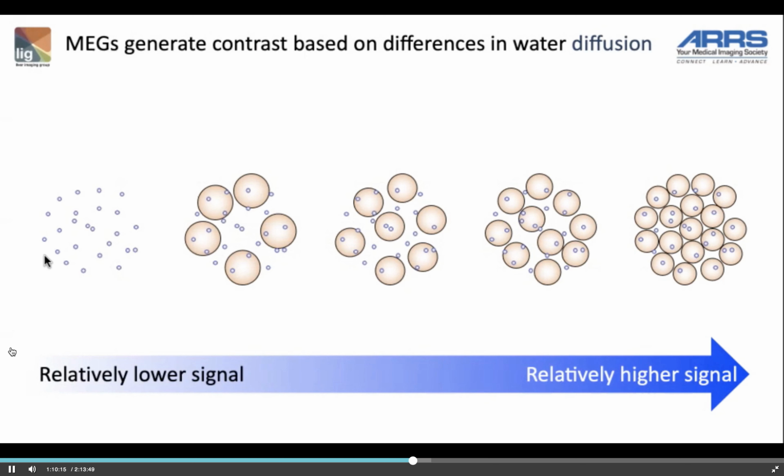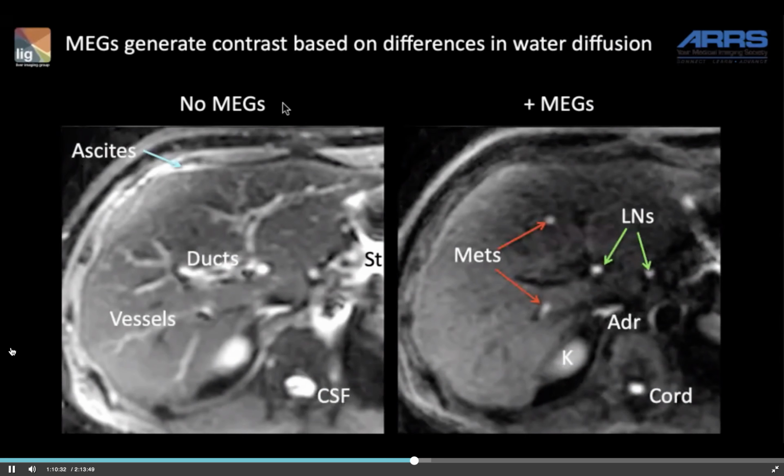Free water is not rephased and loses signal and therefore tends to appear dark on diffusion-weighted imaging, whereas restricted water is rephased and tends to have relatively higher signal, all other things being equal. So these motion encoding gradients generate contrast based on differences in water diffusion.